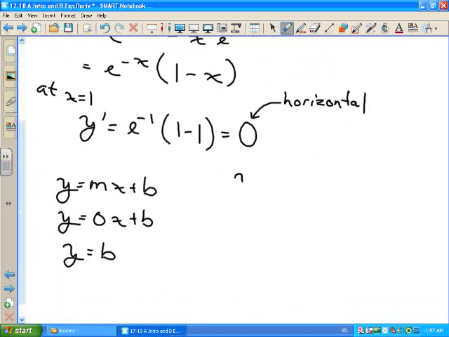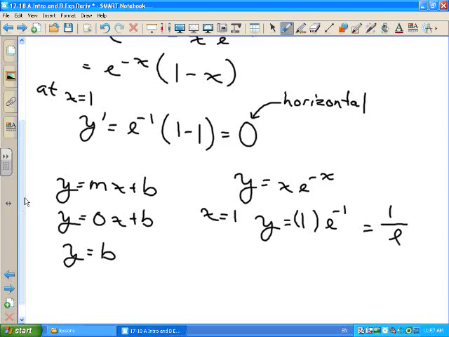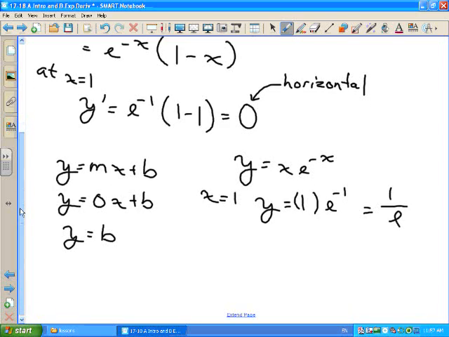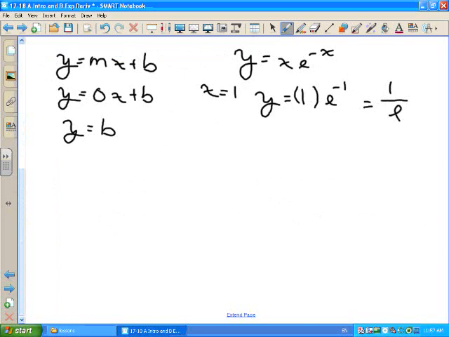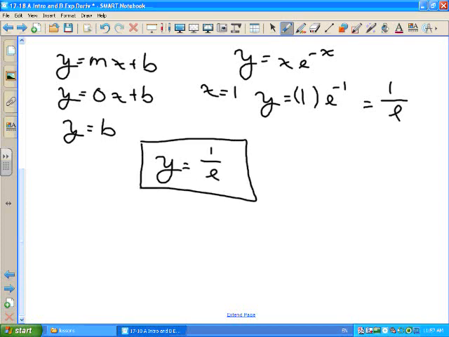So we've got y equals x e to the minus x. If x equals 1, this is 1 times e to the minus 1, which is just going to be 1 over e. So if y equals 1 over e, that's going to be our equation. That tells us that b is 1 over e, so y equals 1 over e is the equation of our tangent. Okay? This is the equation of a horizontal line because it's just y equals a constant.